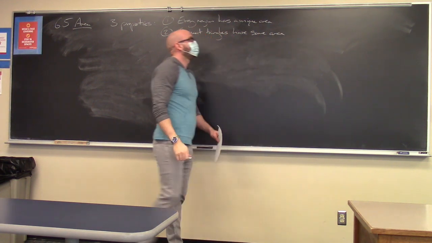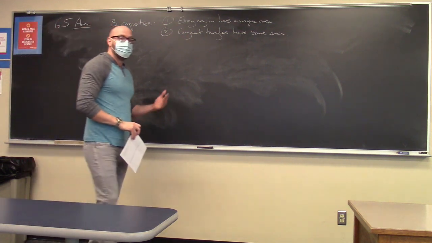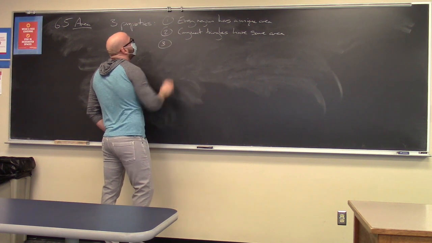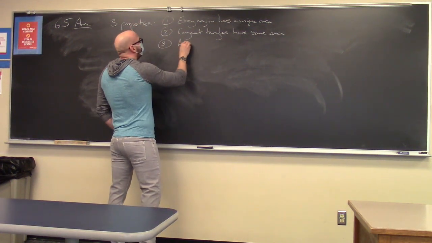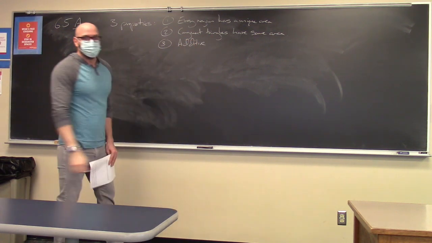So again, no matter how you define area, this better be the case. If two triangles are congruent, they better get the same value assigned to them. And three, perhaps the most important, they all have to be satisfied, but it's got to be additive on partitions.